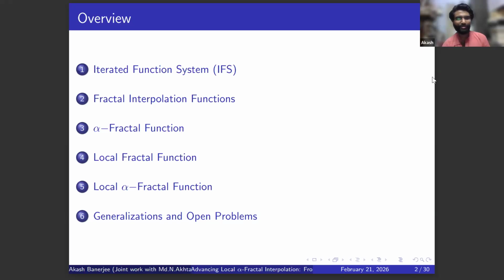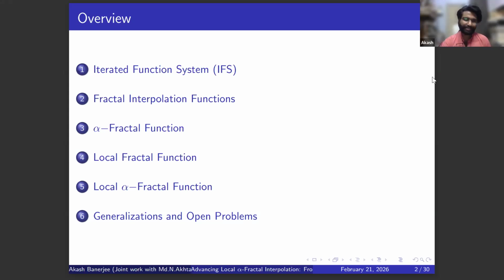If you give a continuous function over a compact interval, then by the machinery of alpha fractal functions, it is possible to form fractal functions, say a function which is nowhere differentiable and continuous, obviously, so that this fractal function and the given continuous function are very close to each other in some norm. Here they used the supremum norm.